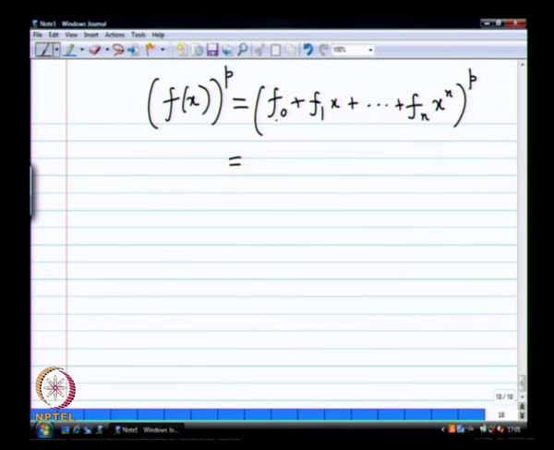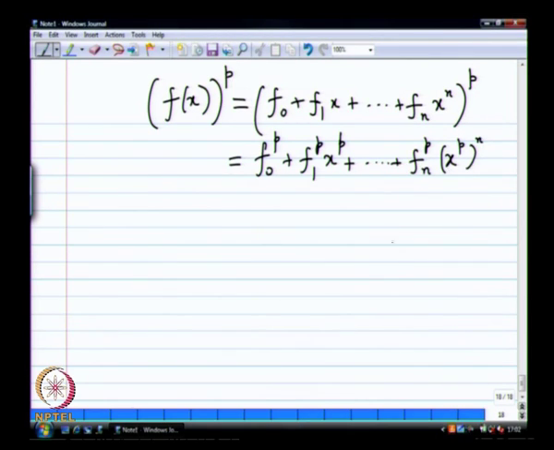I will simply take each element and raise it to the power p, since I am just multiplying p times. First thing is f0 to the power p plus f1 to the power p times x to the power p plus so on till fn to the power p times x to the power p, whole raised to the power n.